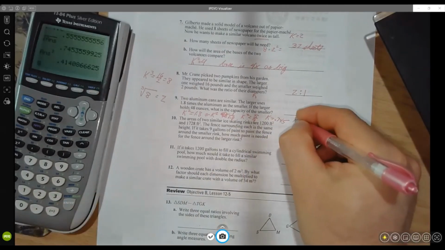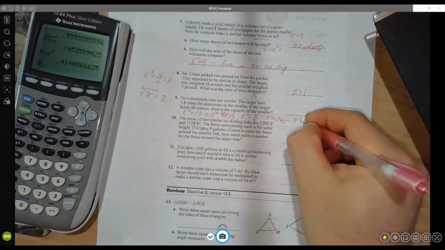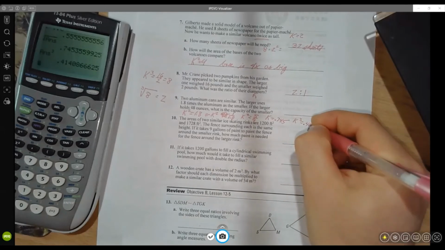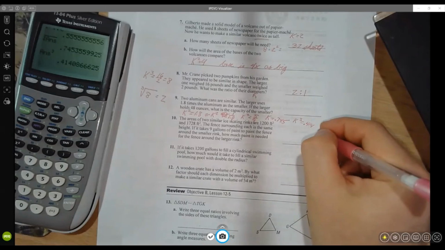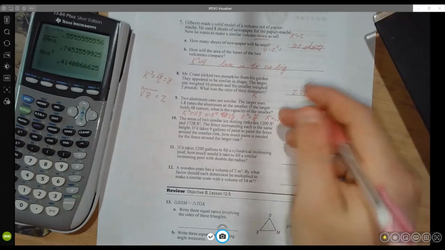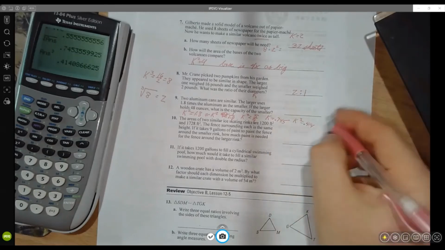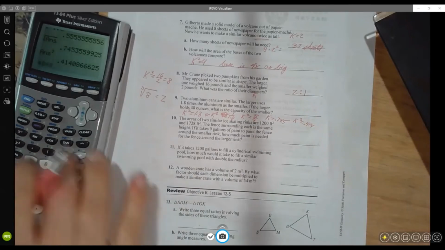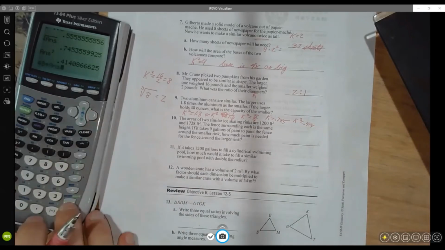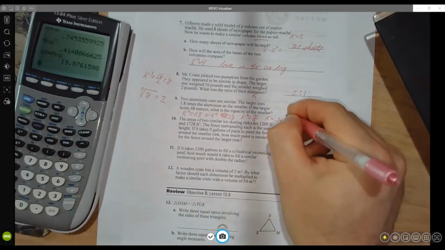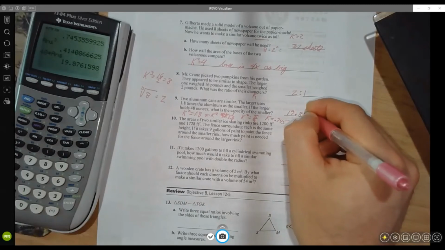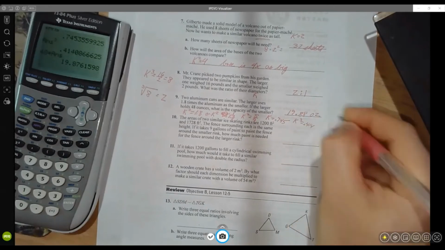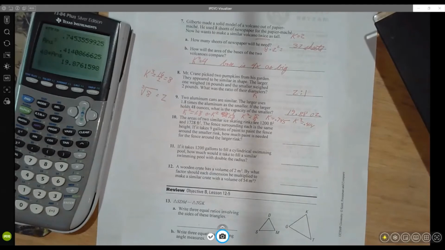So K cubed is 0.414. Now, because this is less than 1, that's going to give me a smaller answer. So now I can take 48 times my K cubed value, and I get 19.88 ounces for the capacity. So that was really hard.